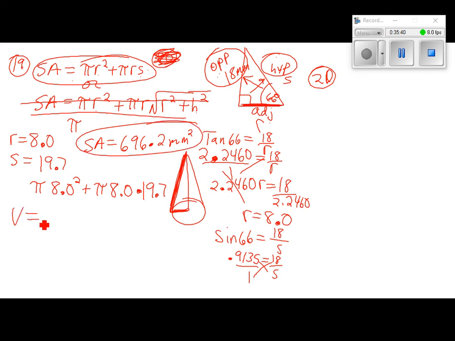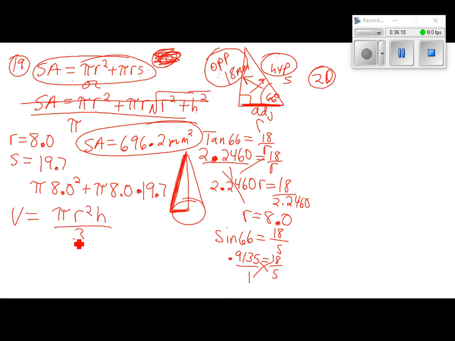And for volume, look up on the formulas packet that I gave you, volume of a cone, and it gives you, it's not really two different formulas, just written two different ways. It's 1/3 times pi times radius squared times height. Another way you could write that is pi times radius squared times height divided by 3.